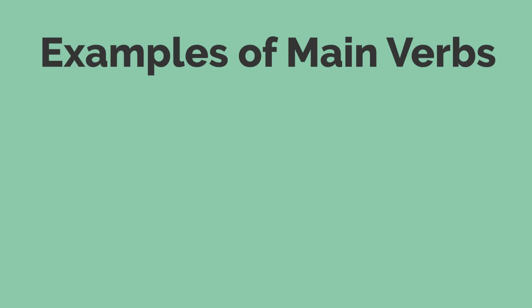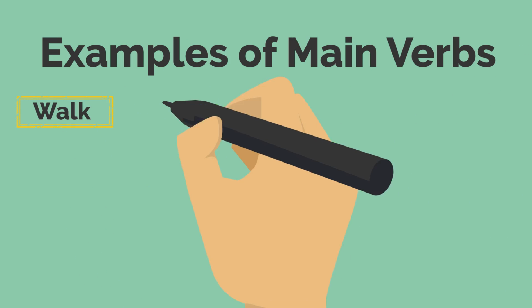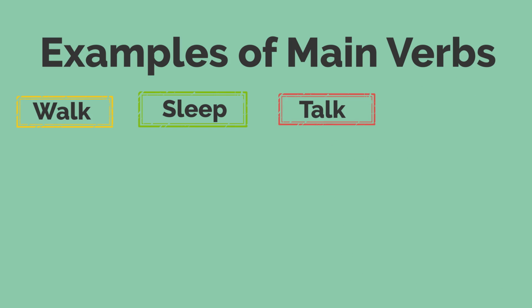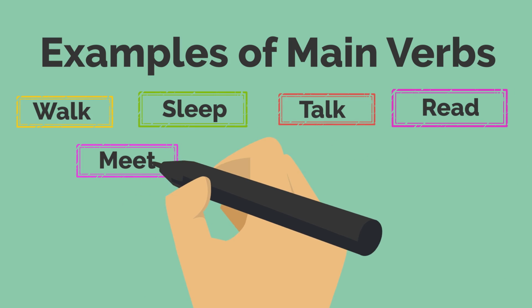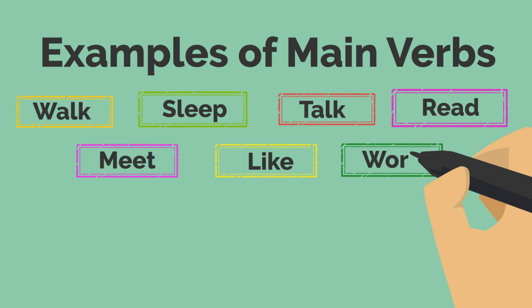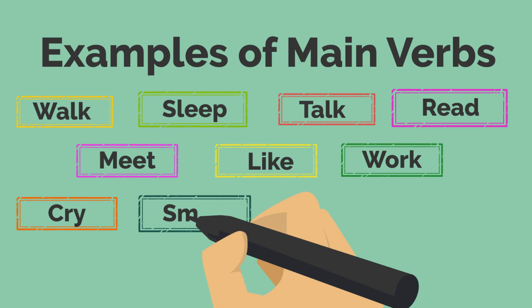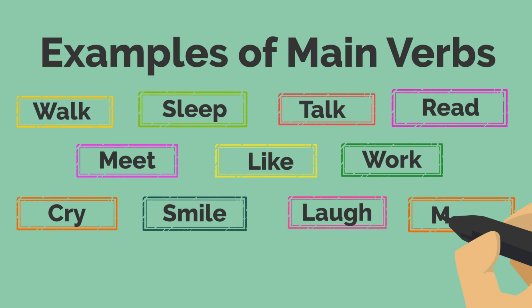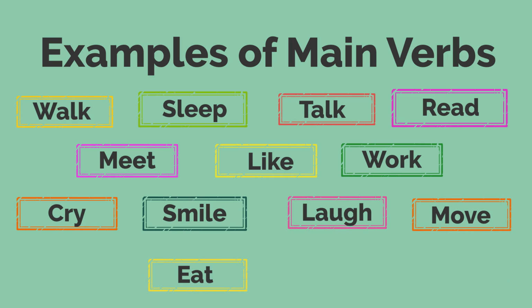Examples of main verbs are walk, sleep, talk, read, meet, like, work, cry, smile, laugh, move, eat, run. All these verbs can stand alone without the help of any other word. They provide us the complete meaning.